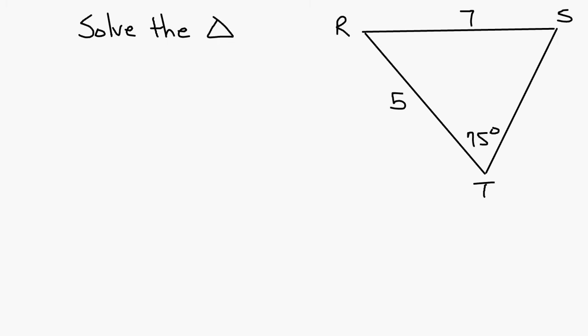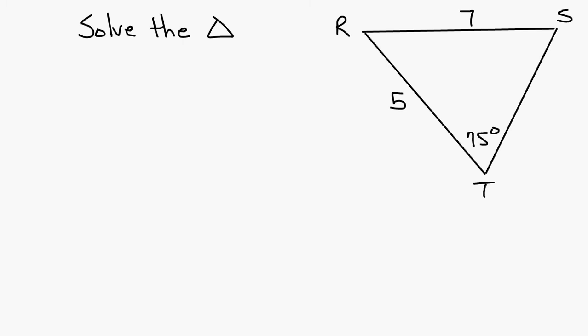The first thing that you're going to want to do is find one of these missing angles. And since they gave you the side opposite the 75 and the side opposite of angle S, you're going to find angle S first. So there's 3 pieces of information out of the 4.